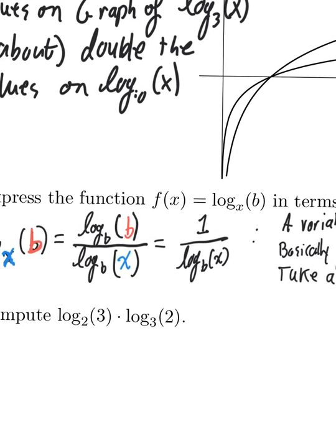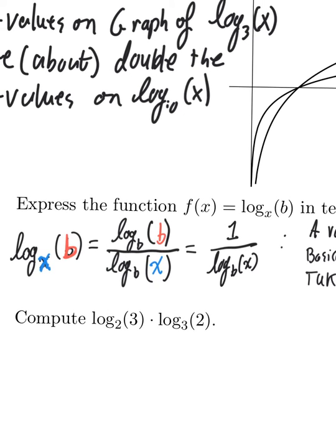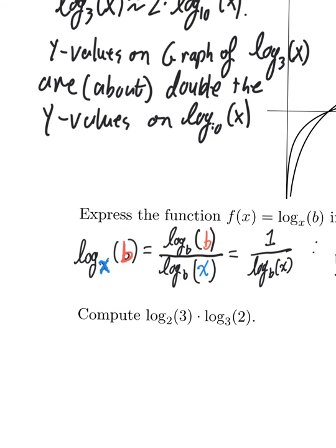So there's no need to ever think about the situation of there being a variable in the base of a logarithm, because you can get the variable out of the base by instead doing some division because of the change of basis formula.